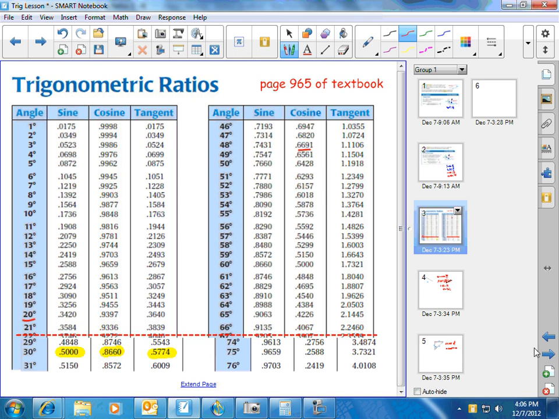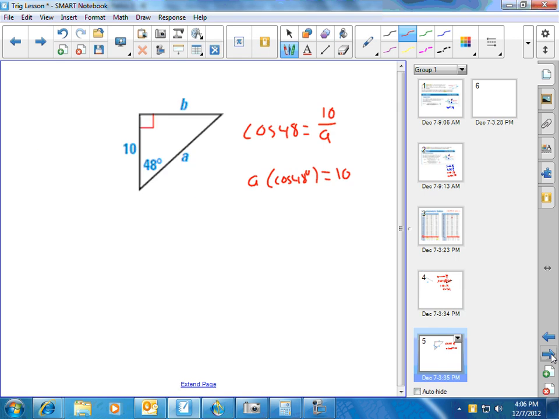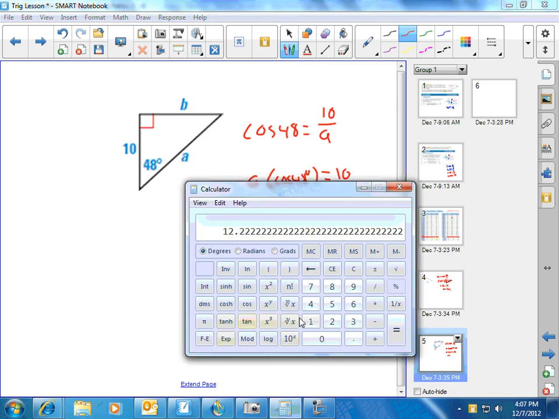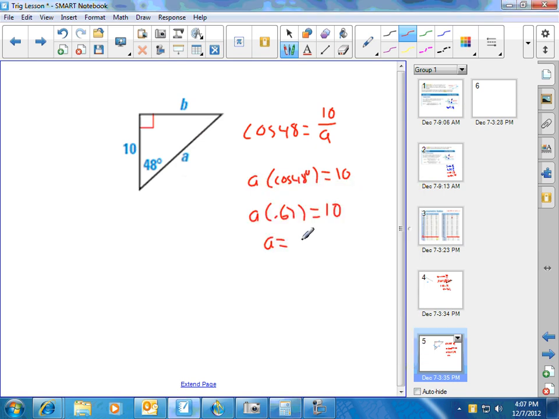So I'm going to use 0.67. A times 0.67 is equal to 10. To get A by itself, I'm going to divide 10 by 0.67, and I get approximately 14.9. A is approximately 14.9.